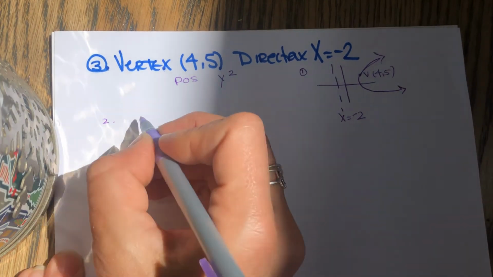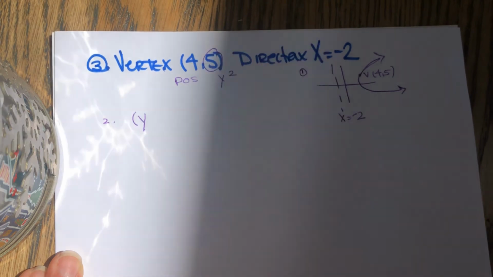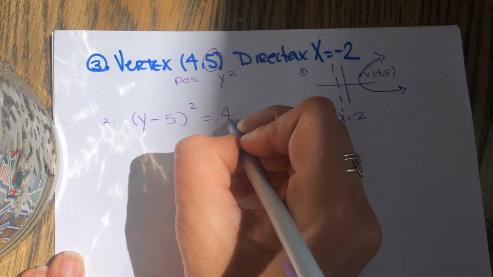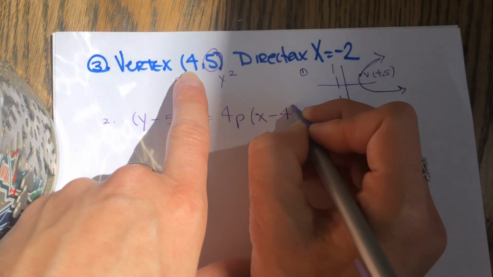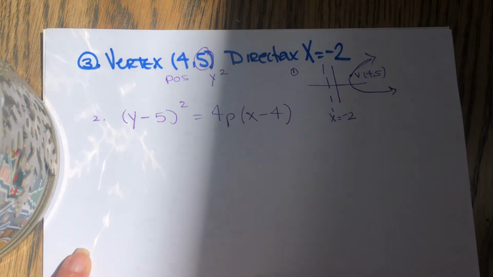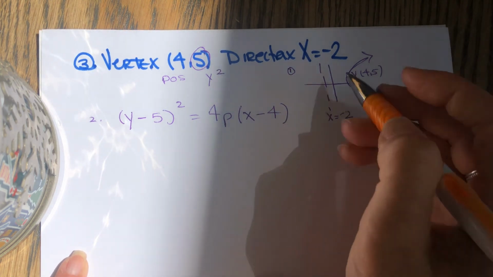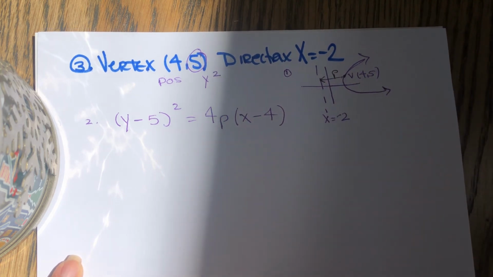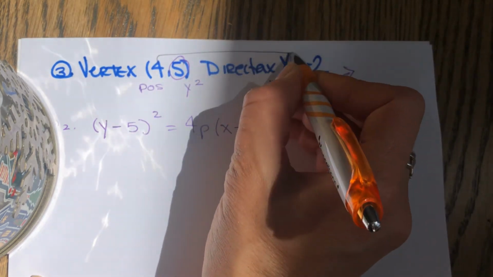Okay, second step. Let's write the equation so far. I know that it's going to be a y squared. Use the y coordinate to start: (y minus 5) squared equals 4p(x minus 4). All right, let's figure out the p-value. Our p-value is the distance from here to here.